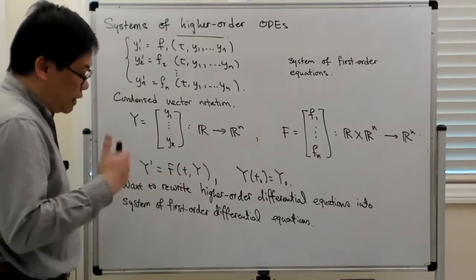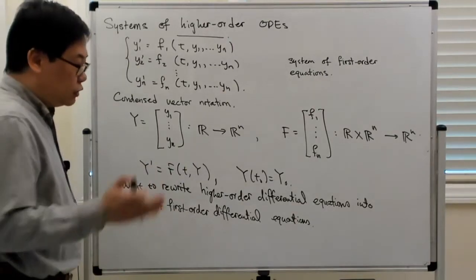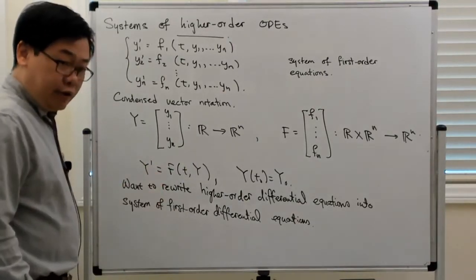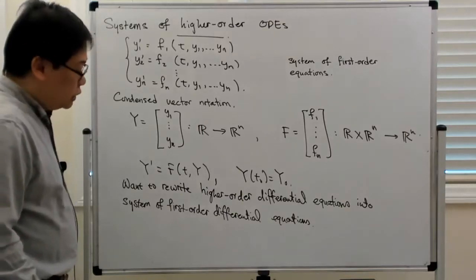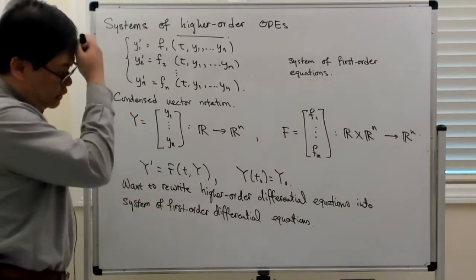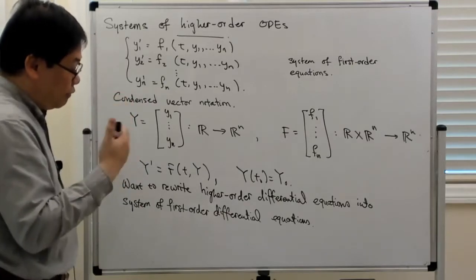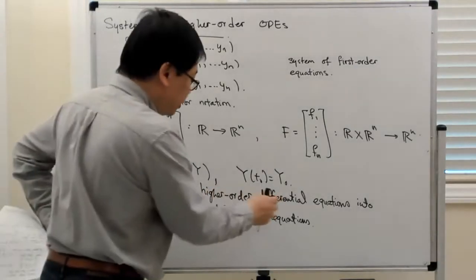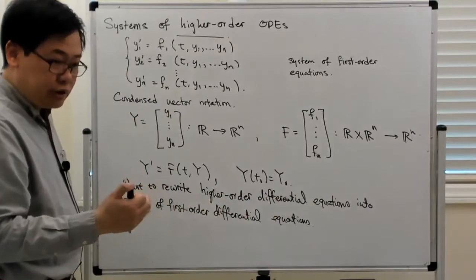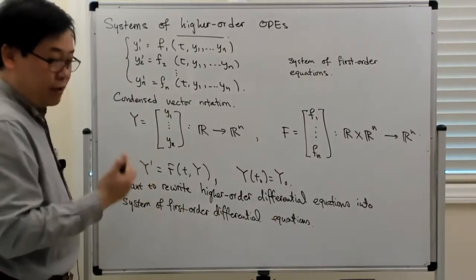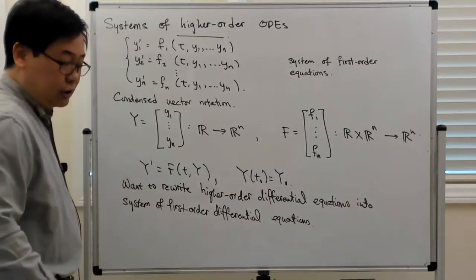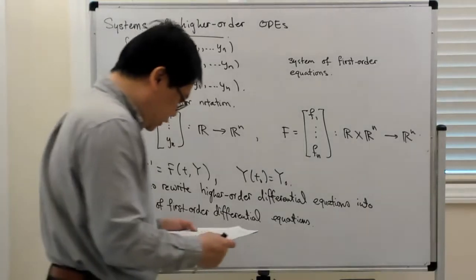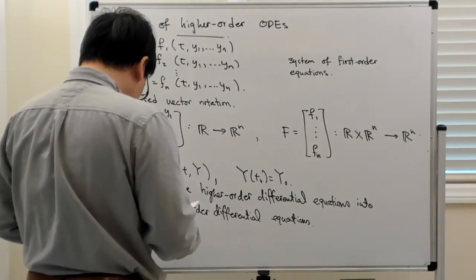Okay, and so many of those methods will extend in a very natural way to systems of first order equations. So that's the main motivation: by rewriting a higher order differential equation into a system of first order equations, we can leverage the methods we've developed, which were originally developed for scalar differential equations. Okay, so that's the basic idea behind this.